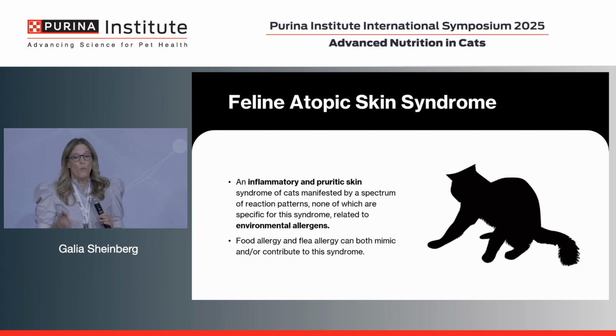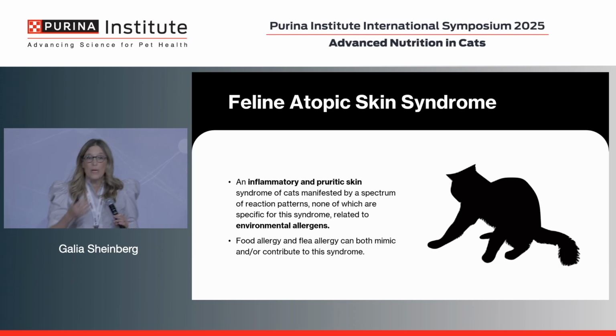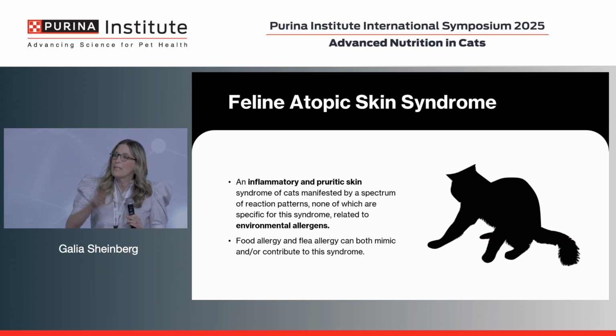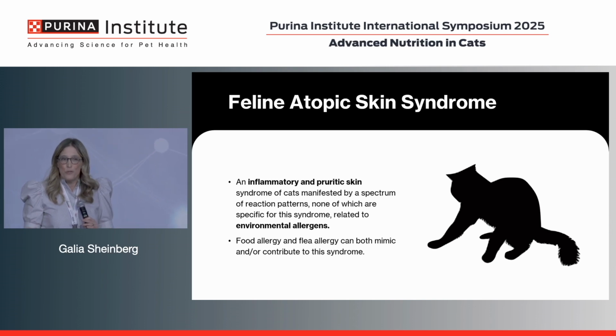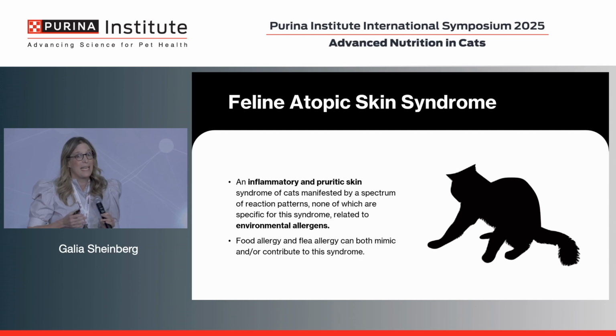Okay, so the definition of feline atopic skin syndrome is an inflammatory and pruritic disease in cats that will show in different typical patterns that are usually caused by allergic disease, but they can be caused and triggered by many other things.